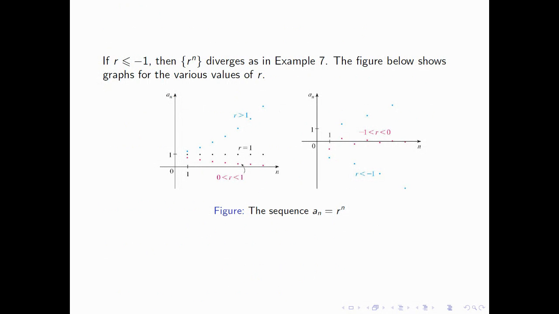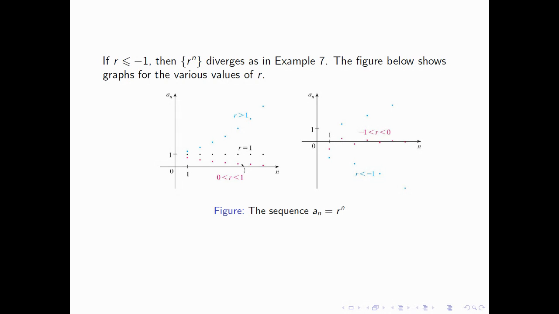And there's a picture that shows you what these different sequences look like for various values of R. If you look at the graph on the left, the blue dots show you what the sequence does when R is greater than 1. Then the value of the sequence becomes larger as n becomes larger, and the sequence diverges to positive infinity.